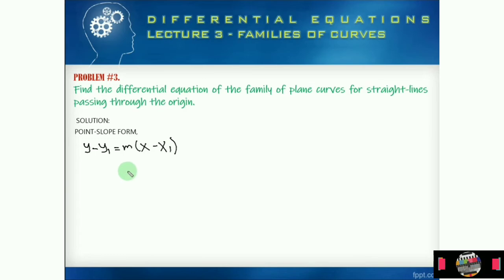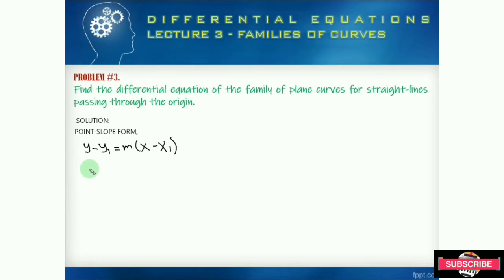This is the point-slope form for a straight line having a certain center or point. Sometimes we have its center in the origin or at some point x1, y1.